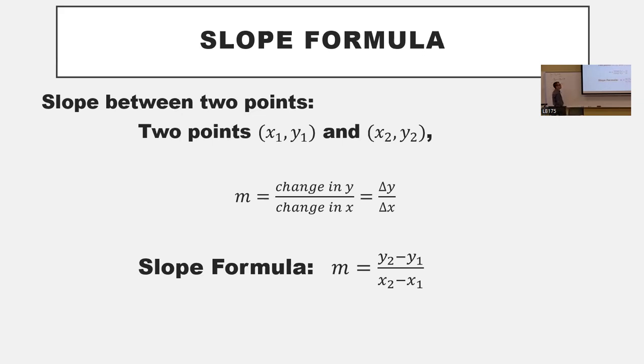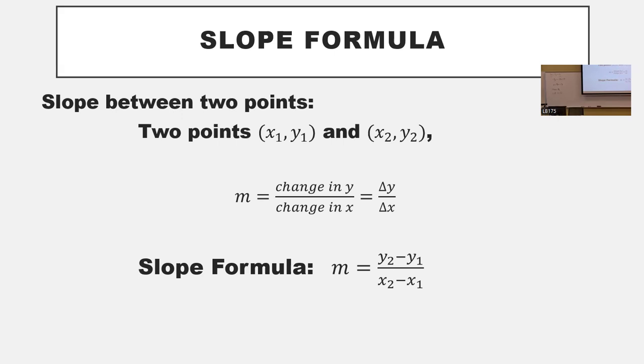We'll call point 1 x1 comma y1 and point 2 x2 comma y2. Since slope is given by change in y over change in x, the change in y is the difference between the two y values.